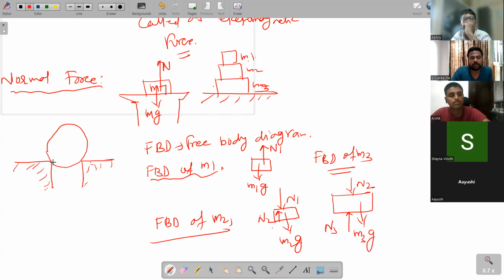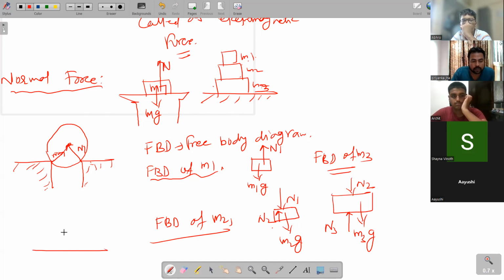This part is in touch with this corner, and this part is in touch with this corner. So this corner will apply a normal force N1, and this will apply a normal force N2. In a circle we know that the normal force will pass through the center. So both of these forces will pass through the center, right?